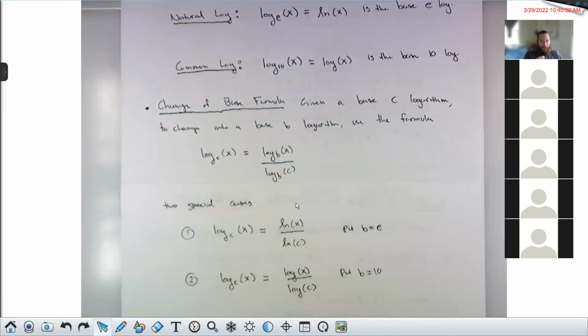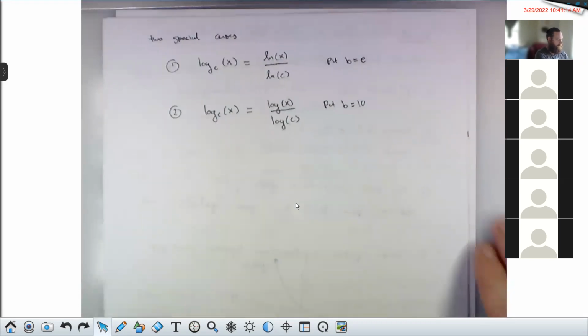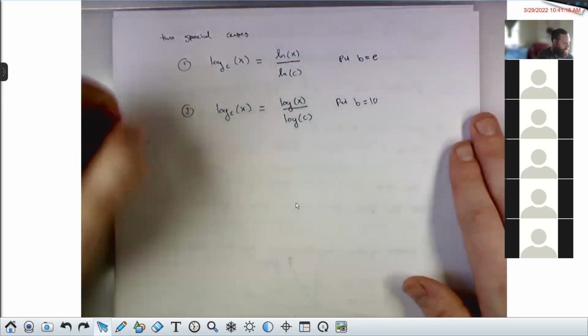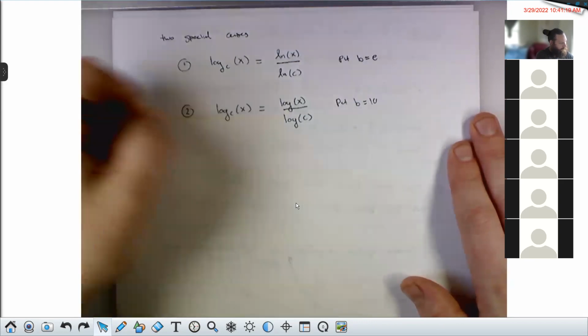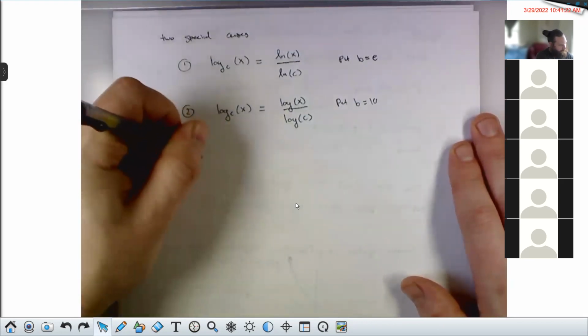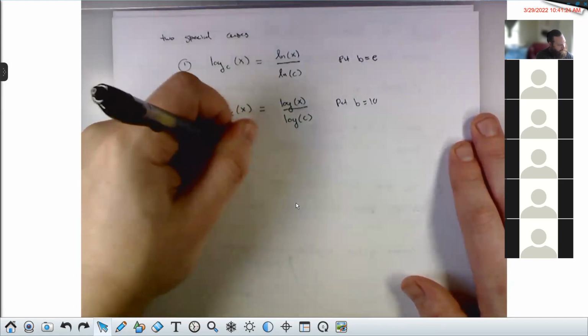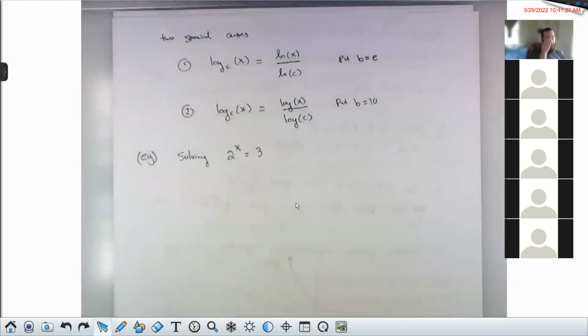So we're just about out of time here. In order to show you why this is useful, powerful, good, let's revisit the problem that we saw when we first talked about logs. This is approaching the equation solving stuff. So what follows here, we're going to talk a lot more about this on Thursday.